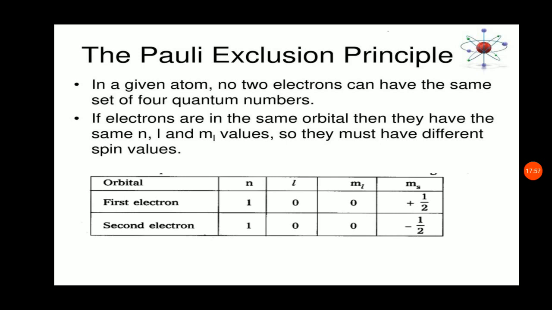The second electron in the same orbital has the same principal quantum number value 1, azimuthal quantum number value 0, magnetic quantum number value 0, but a different spin quantum number, minus half. That means anti-clockwise rotation.